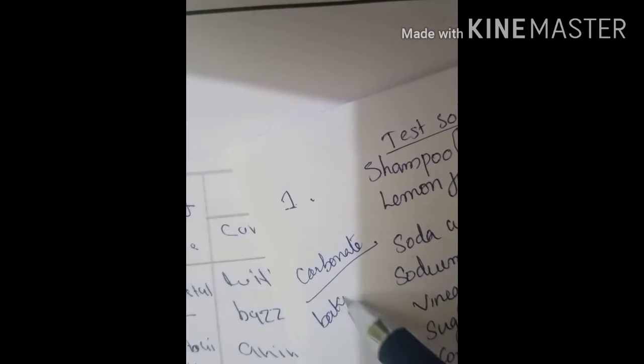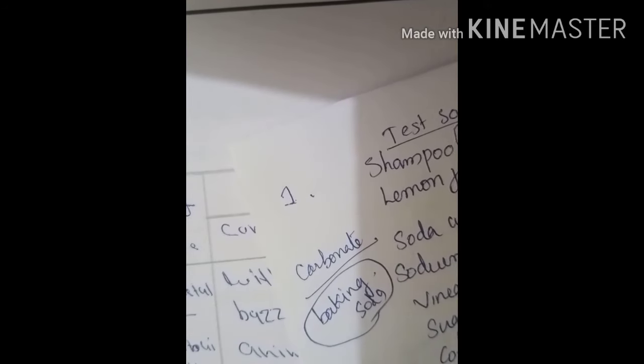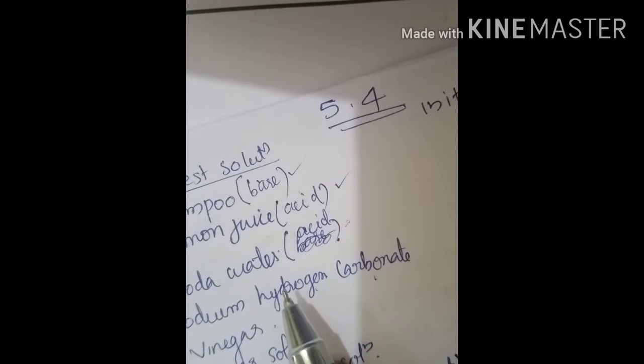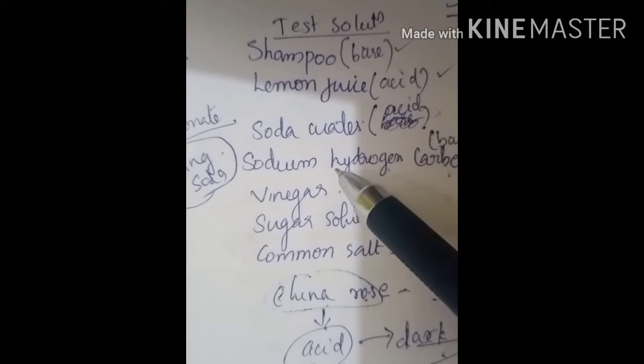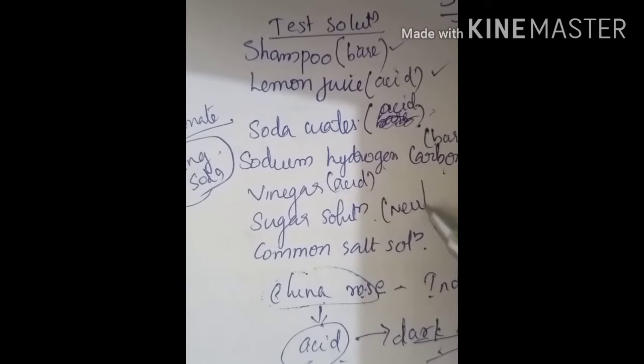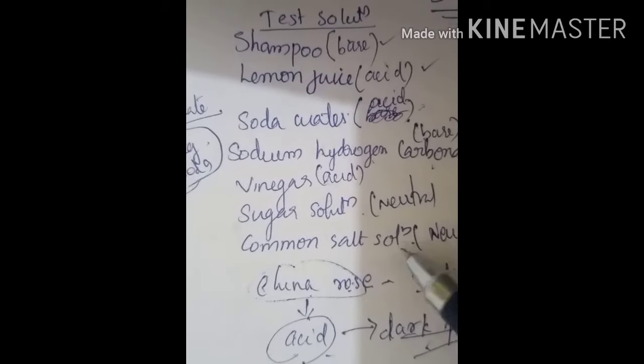Another name for baking soda is sodium hydrogen carbonate. We all know that baking soda is base. Then vinegar, we know that it is acid. Sugar solution neutral. Common salt solution also neutral.